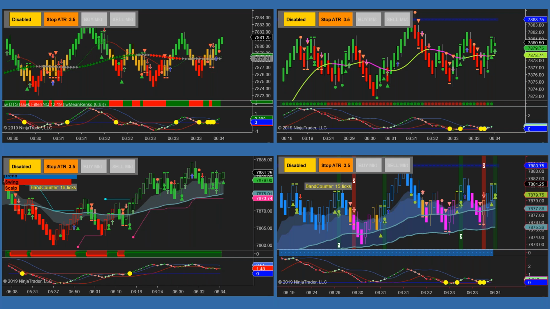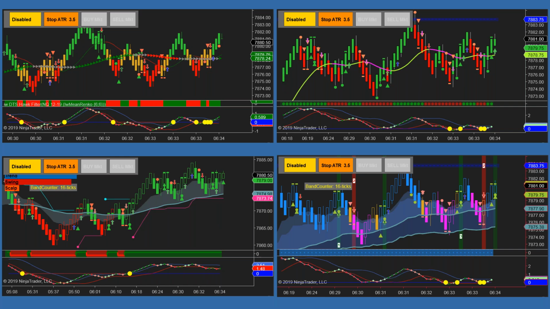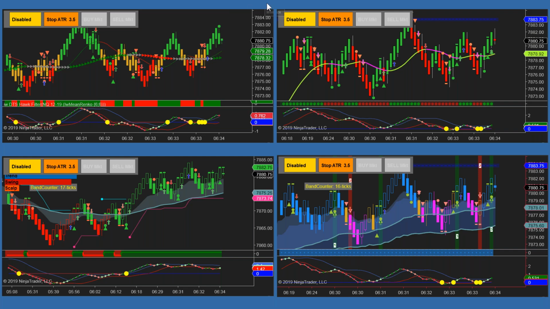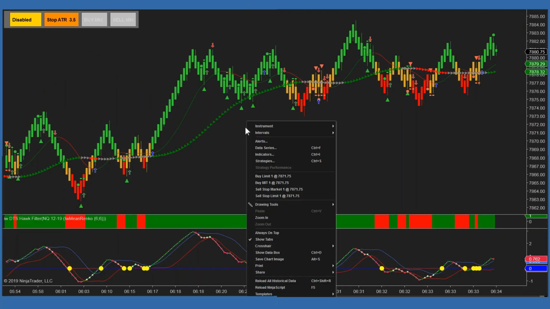SS here has a question: can we get Eric's chart templates for the DTS and Raptor? Yeah, you can. They are, like I said, the defaults. The only thing that I've changed that may look different here on the DTS system is I have turned off the background highlights.